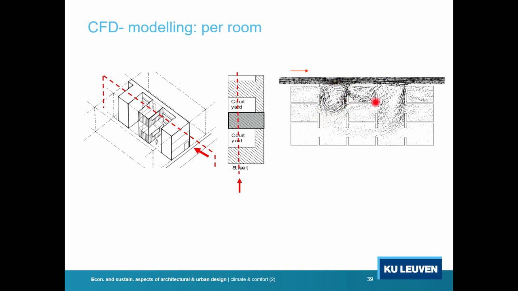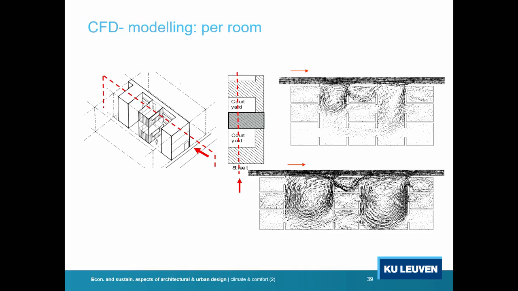So you see that here it will be much more difficult to have good thermal comfort, because it's less ventilated, or here again, it's less ventilated than when you look at these upper spaces. So it really depends on the location even of the rooms, and then it can be checked how the design can be improved to get the wind deeper, for example, by changing the dimensions or the height of rooms and so on.